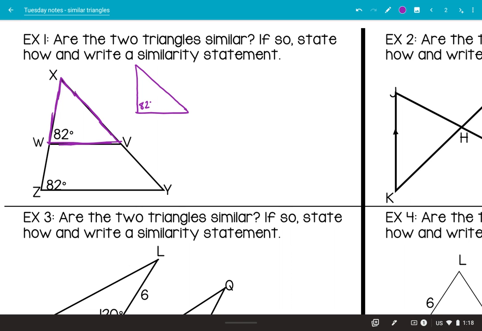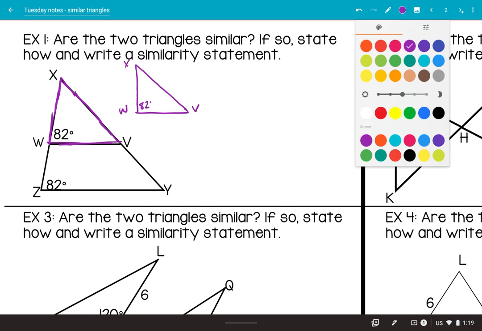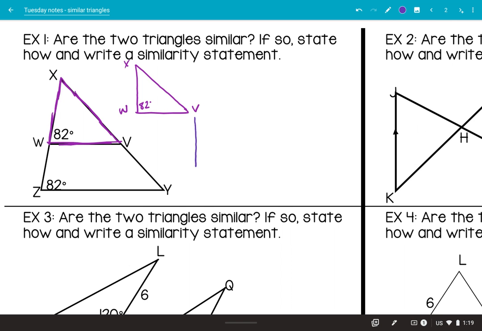We know this is 82 degrees. This is W, X, V. And the second triangle is much bigger, but I'm not going to draw it as big. It also has 82 degrees, Z, X, Y.